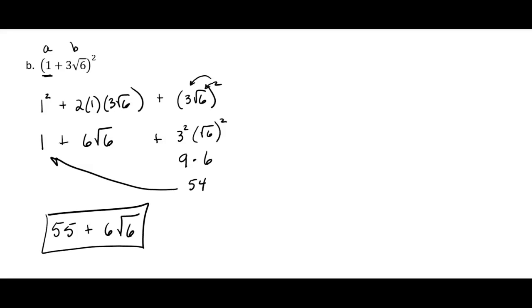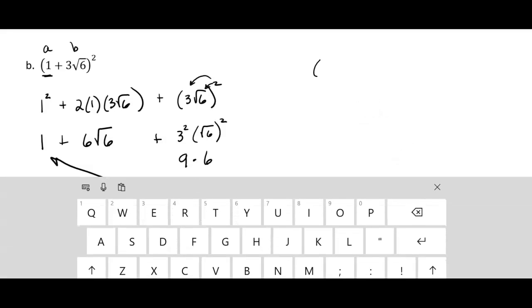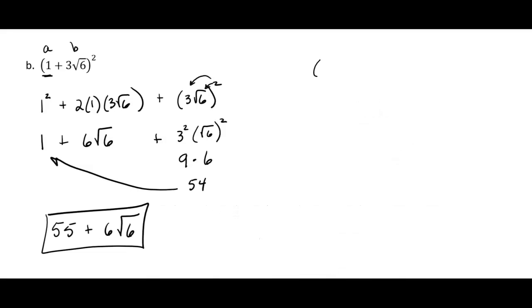Okay, I want to do one more thing on this video. You might be saying, well, where did that formula come from? So if you have a plus b and you're trying to square it, that means a plus b times a plus b. So if I FOIL it, there's my a squared.